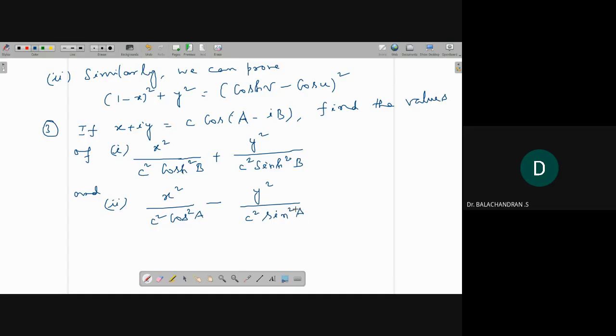So here they don't give a proof. We need to find the value of this. Okay, solution.